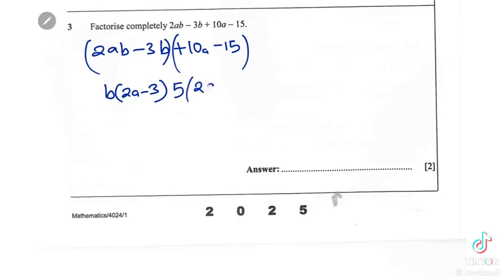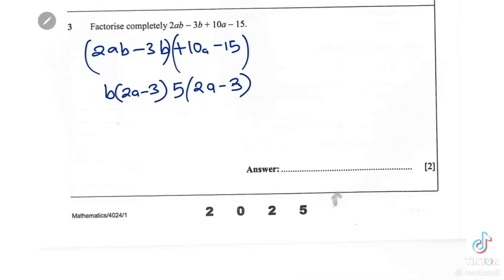What remains here? 2a minus 3, because 5 goes into 15 3 times, so that is minus 3. As you can see, this is common, that is common, and they have to be the same. If these are not the same, just know that there's a chance you've done the wrong thing.